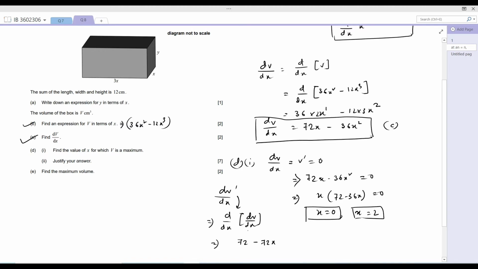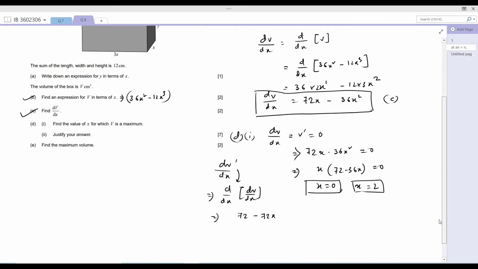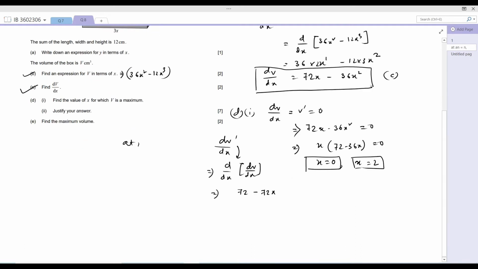We have two critical points, x equals 0 and x equals 2. At x equals 0, V double dash is 72, which is greater than 0.